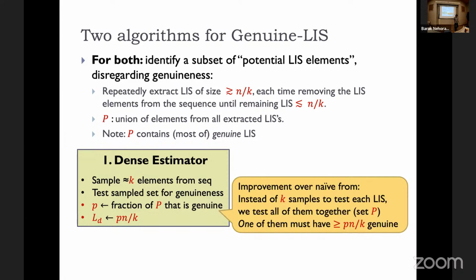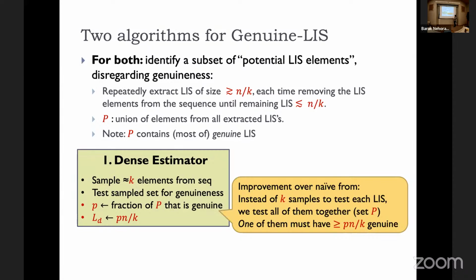This is, I don't know, a very simple but somehow curious idea to me. But here is an improvement. We take each of these extracted LIS, test each of them for the fraction of genuine elements, and we take the maximum over all of them, and that should be our estimate.